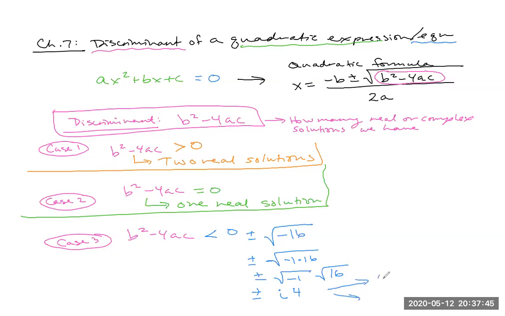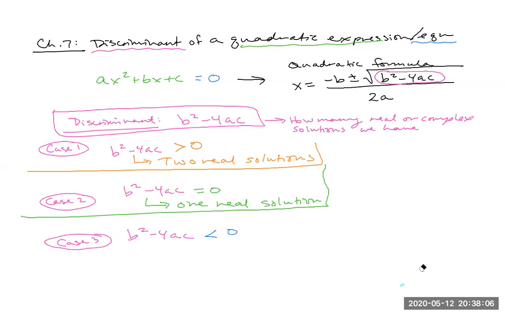One is positive 4i, one is negative 4i. So you have two solutions, but because there's an i in them, they're complex. Okay. So now what that means is you have two complex solutions.